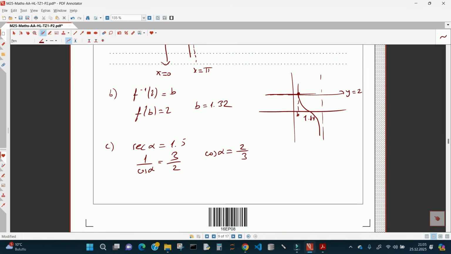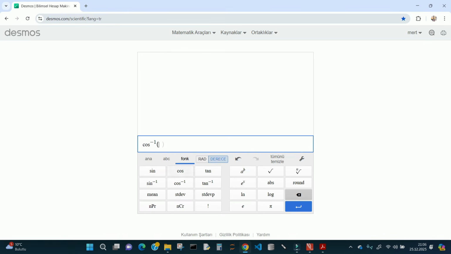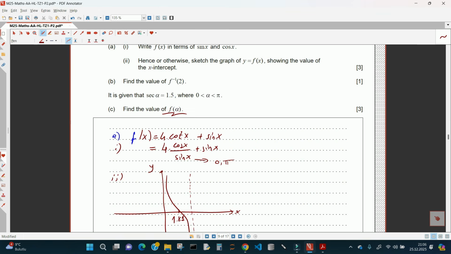You can find this value. I mean, it's going to be the inverse of cosine at the point 2 over 3. We're going to find the angle in radians, 2 over 3, right? Make sure to copy this number correctly, not make a mistake while we are finding f of alpha.